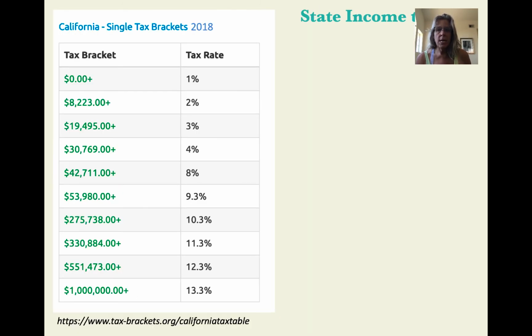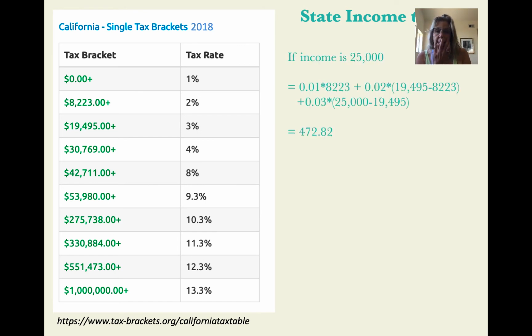State income tax works the same way. It's progressive. At the lowest level, it's 1%, and then it goes all the way up. If you make over $1 million in California, it's 13%. Let's look at this calculation. Let's say our income is $25,000. For the first 8,223, we're taxed at 1%.